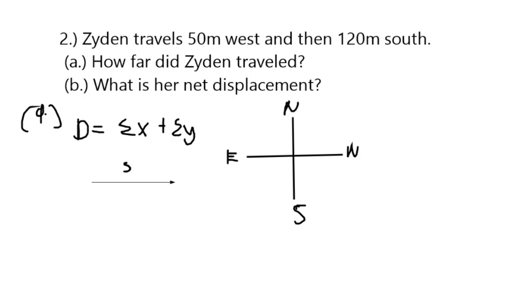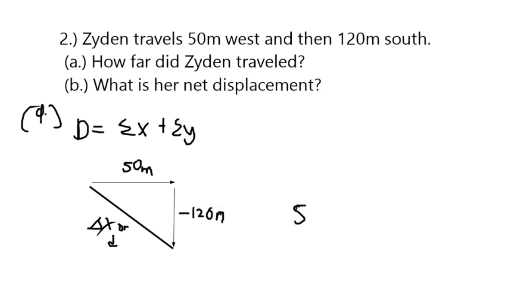So sabi Zayden travels 50 meters west, which means he is going west. And then 100 meters south. So negative 100 meters kasi pupunta siya sa negative y direction. And then what we're going to do is just put another bracket here, which is this will be our distance or change in x value or the change in his position.